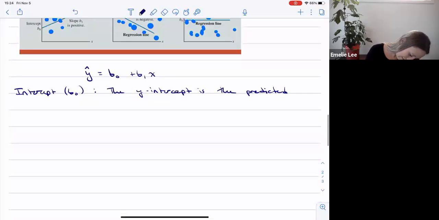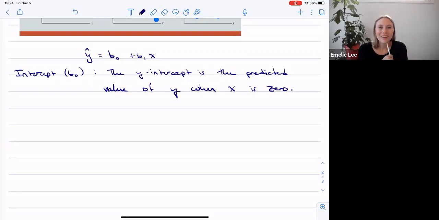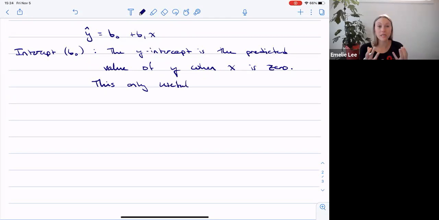The intercept, or the y-intercept, is the predicted value of y when x is 0. This is really only useful information if x can be 0. It's useful for interpretation, and it's useful in the sense that it anchors our line.